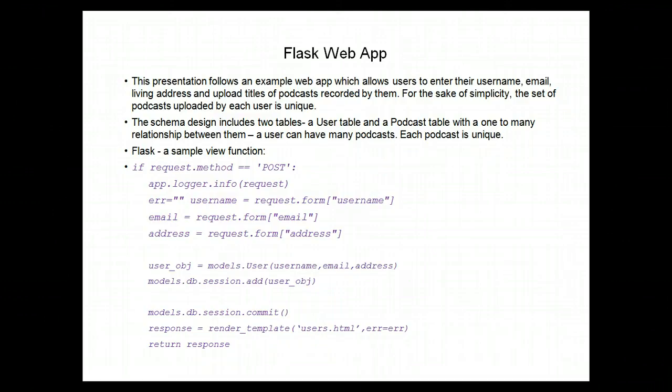For the sake of simplicity, the set of podcasts uploaded by each user is unique. The schema design includes two tables, a user table and a podcast table, with a one-to-many relationship between them. A user can have many podcasts. However, again, for the sake of simplicity, we assume that each podcast is unique.